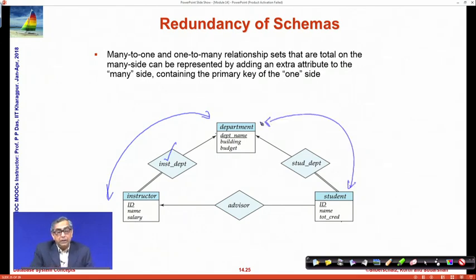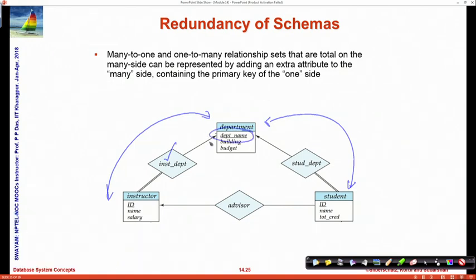So, there is certain redundancy in this, because we can make this simpler if we just take the primary key of this relation and put in here. If we do that, then basically this becomes redundant, these are no more required.